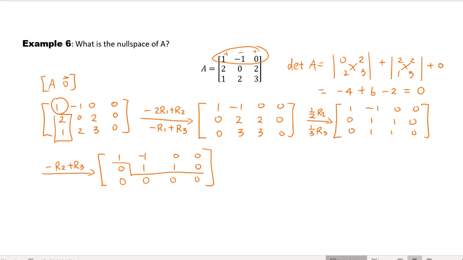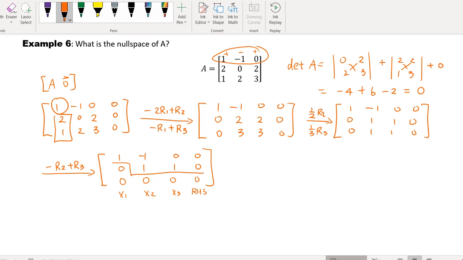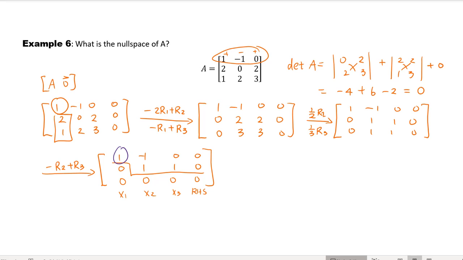And the first column corresponds to the coefficients of, let's say x1, x2, x3, and this is the right-hand side. In the first row we have a leading coefficient, and in the second row we have a leading coefficient, but the third column has no leading coefficient, so x3 is a free variable.